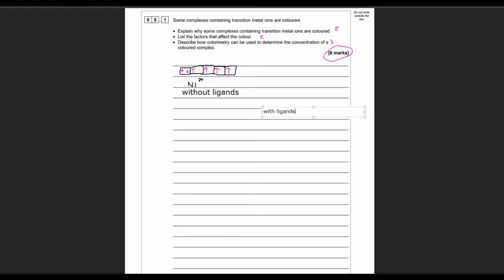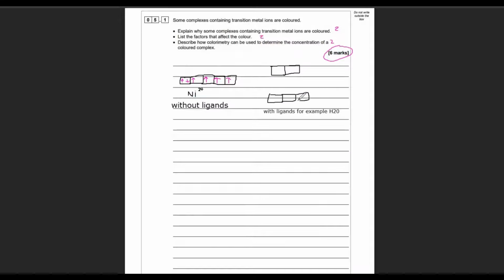Now, when you get a ligand like H2O, remember ligands are species that can donate electrons to the central metal ion, so it has a lone pair of electrons that it can donate. Water's got 2 lone pairs, but we're going to get 6 water molecules around this nickel. When ligands surround the nickel, the 3d orbitals split.